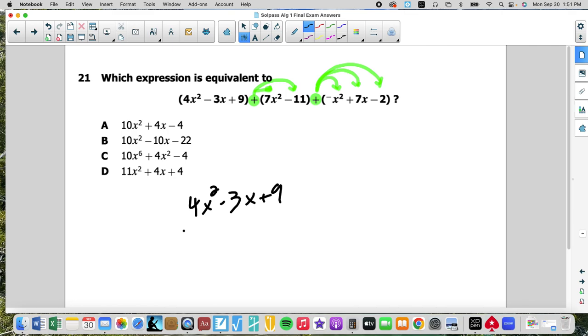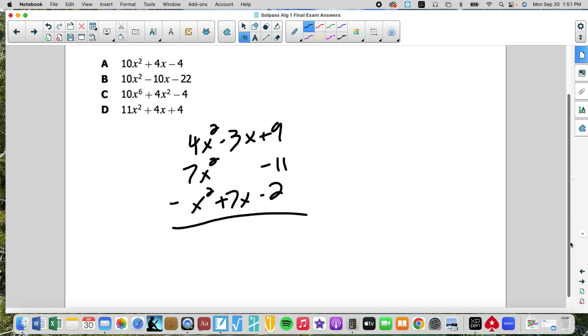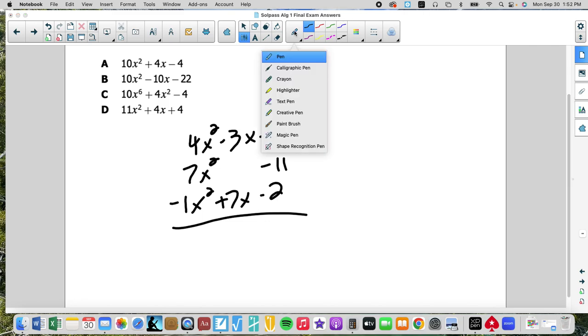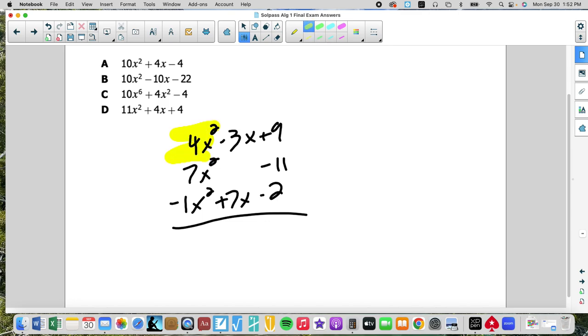And some people like doing this, 7x squared minus 11 and negative x squared plus 7x minus 2. They like to do it in this column. So we have 4x squared, 7x squared, and negative 1x squared.